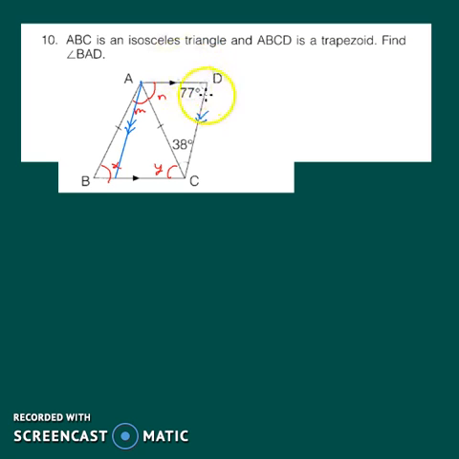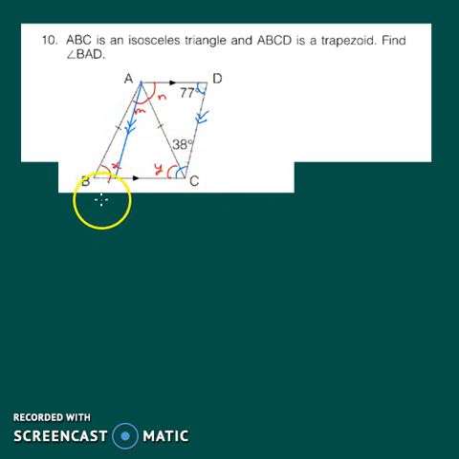And so the angles that I'm looking at here are this one and this whole angle here. So I know that together they add up to 180 degrees. So I'm going to use that fact to figure out what this little angle here, y, is.